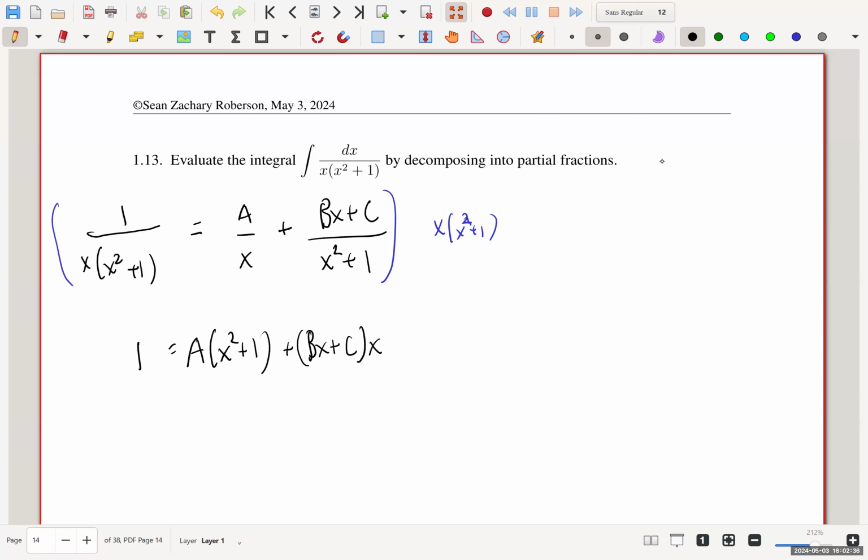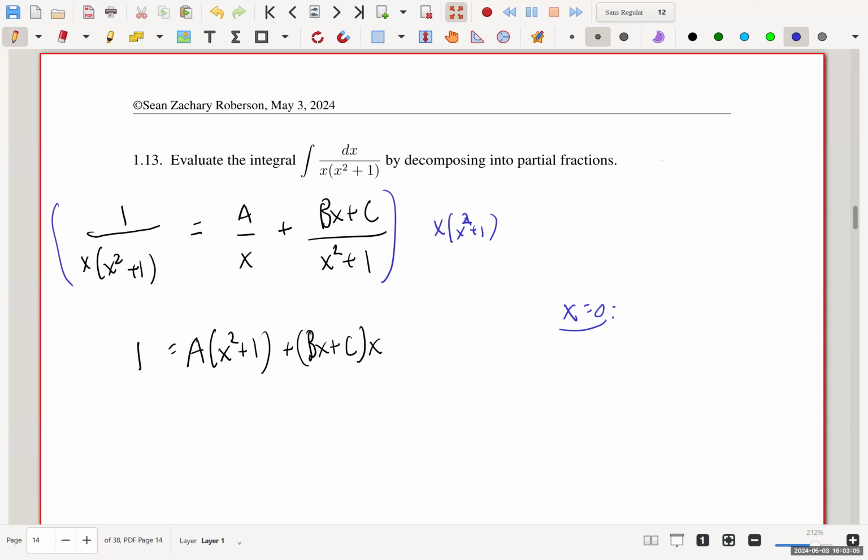We're going to go ahead and get the easy one out of the way here. The cover-up method just basically says choose clever values of x to eliminate some of the parameters and solve for one unknown. In this case, I'm going to choose x equals 0. Why? Because if I choose x equals 0, the last term vanishes. 0 times junk is 0, so that last term is gone.